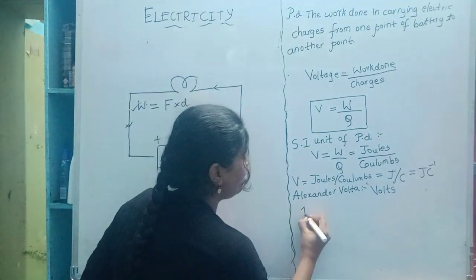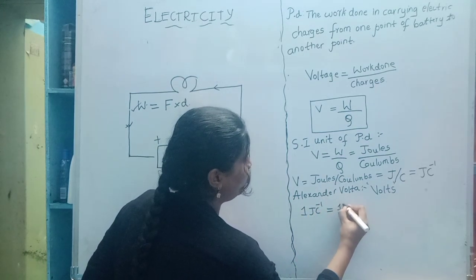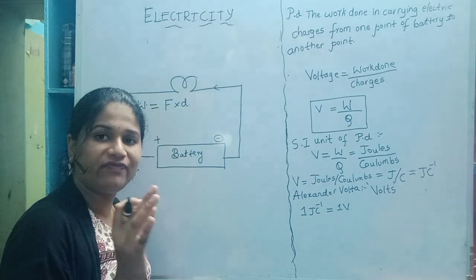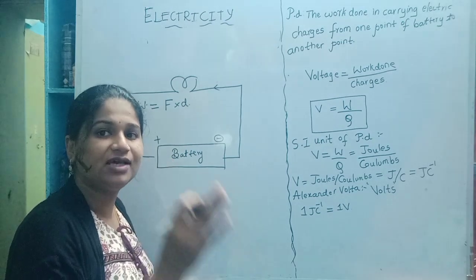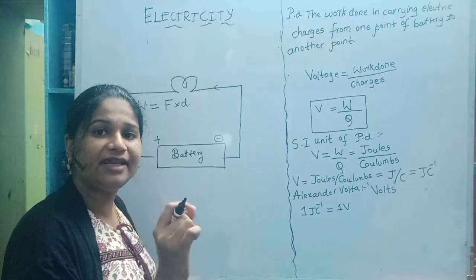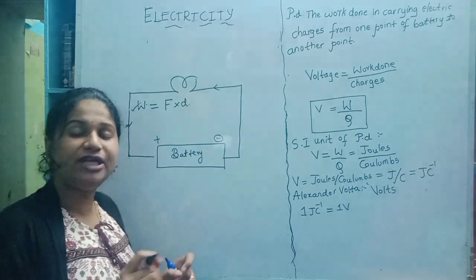So I can say 1 joule per coulomb is equal to 1 volt. So how do you define 1 volt? 1 volt is nothing but the potential difference we will get when 1 joule of work is done to carry 1 coulomb of charge from one point of a battery to the other point.